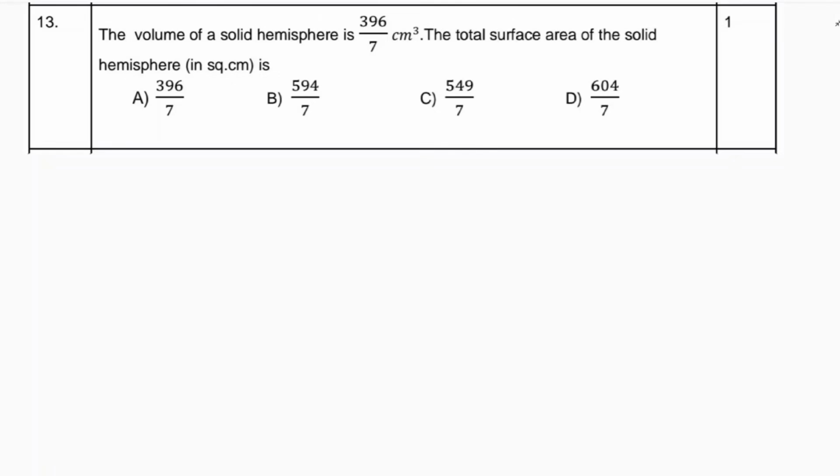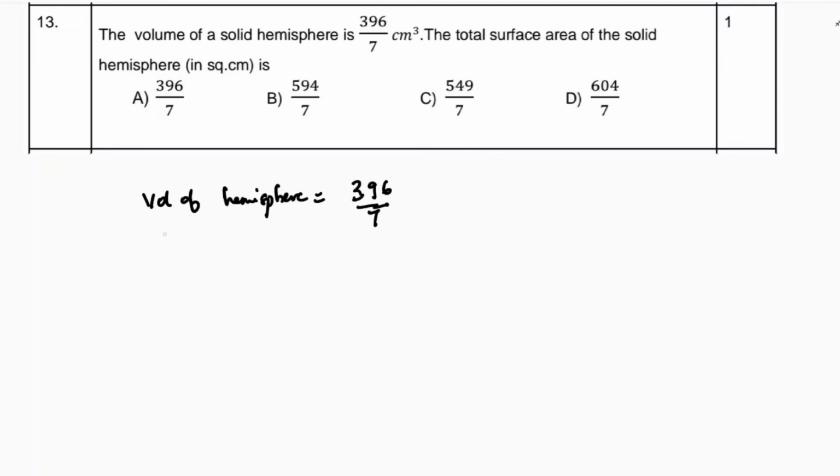The volume of a solid hemisphere is 396 by 7 centimeter cube. Find the total surface area of the solid hemisphere in square centimeters. So volume of hemisphere is 396 by 7.